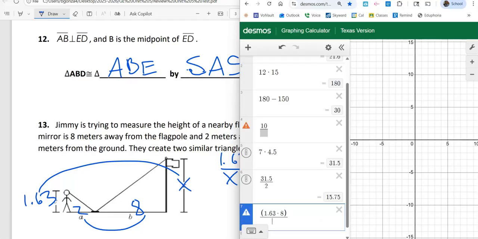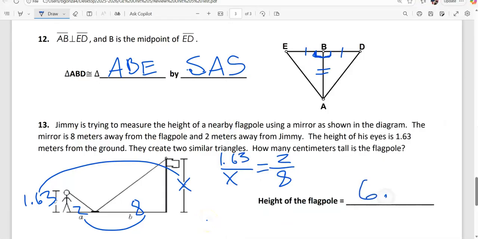And then we have to divide. 6.52 centimeters is how high the flagpole is. Nope, 6.52 meters.